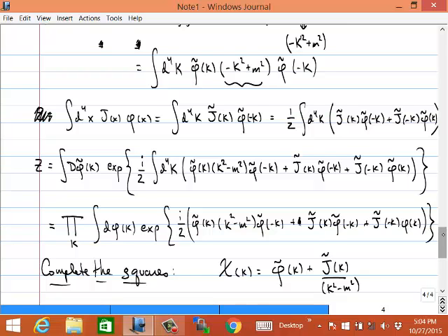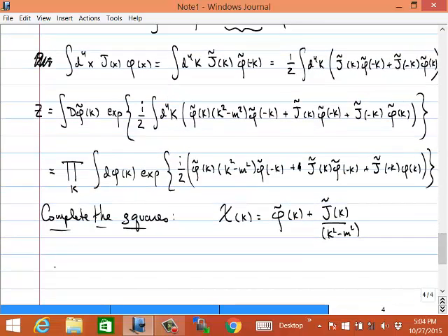So let's just go ahead and see what happens when I make that shift. So we get a product over all momentum modes. Now, instead of doing the integral d phi, I want to do the integral d chi. That's just a simple change of variables. I've shifted my integration variable by a constant, so that doesn't do anything. I can just go ahead and do an integral d chi.